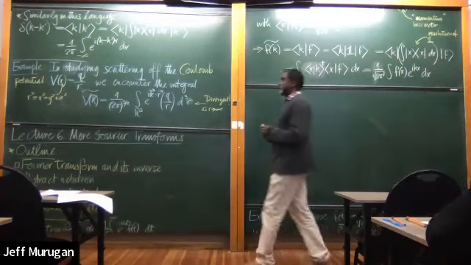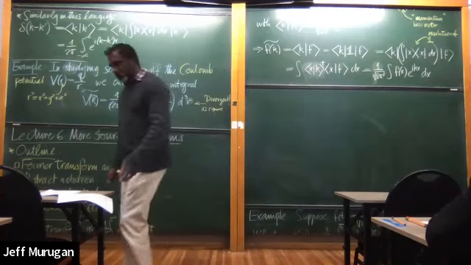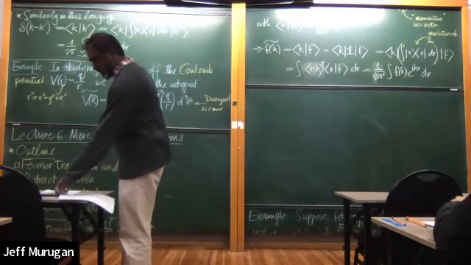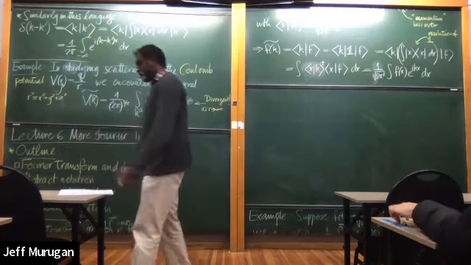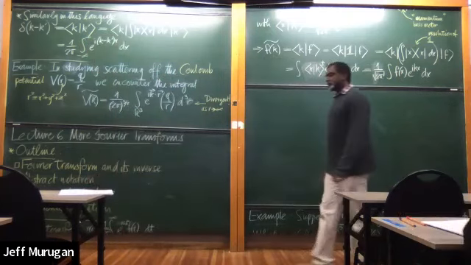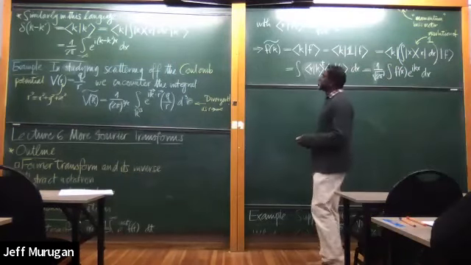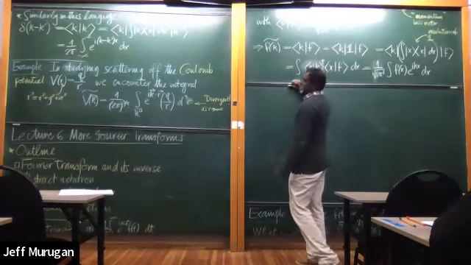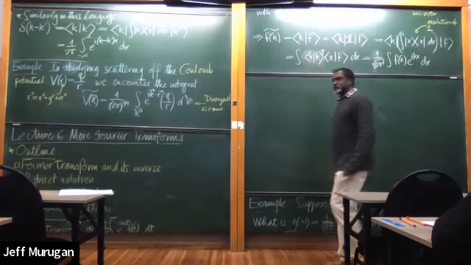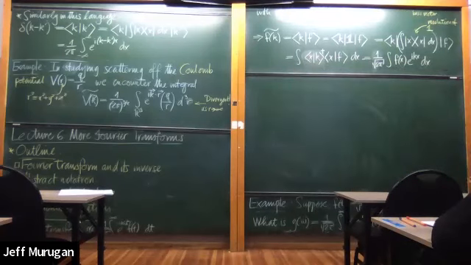Scientists studying this problem back in the 1950s encountered the same divergence. So the question is, how would you do this integral?